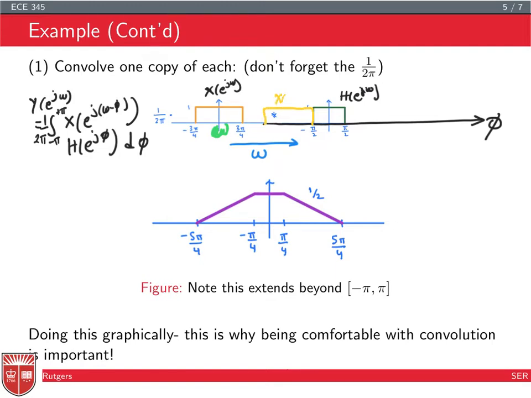This is X of e^(j phi). To be more rigorous, this is a dummy variable, because we want to reserve omega for Y of e^(j omega), so the dummy variable is phi here.